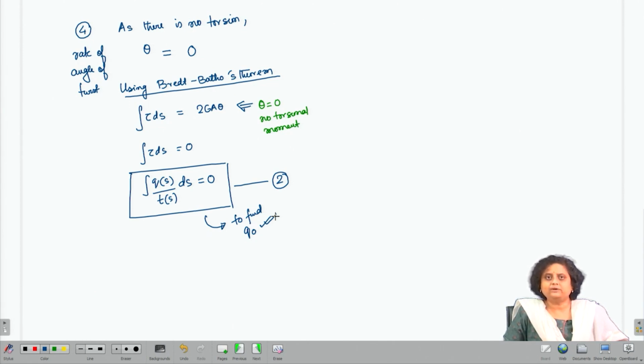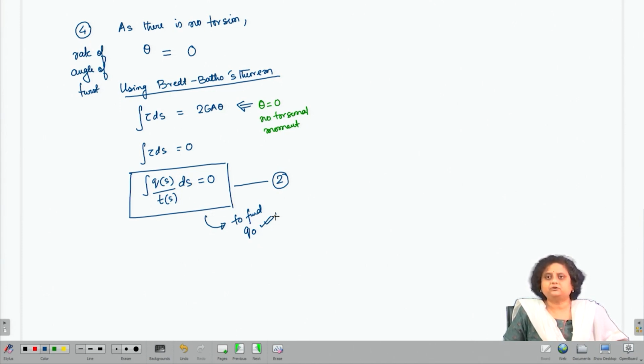So, we can always find out the shear flow due to this additional torsional moment and add or subtract it, based on the sign convention, with the shear flow from the shear forces and get the total shear flow in the cross section.